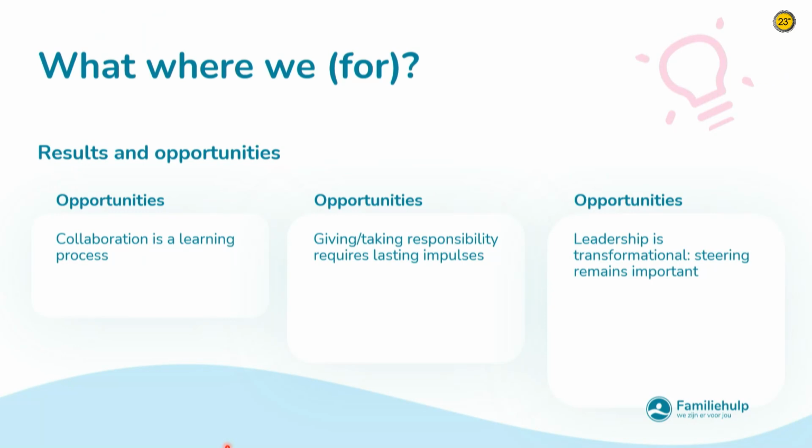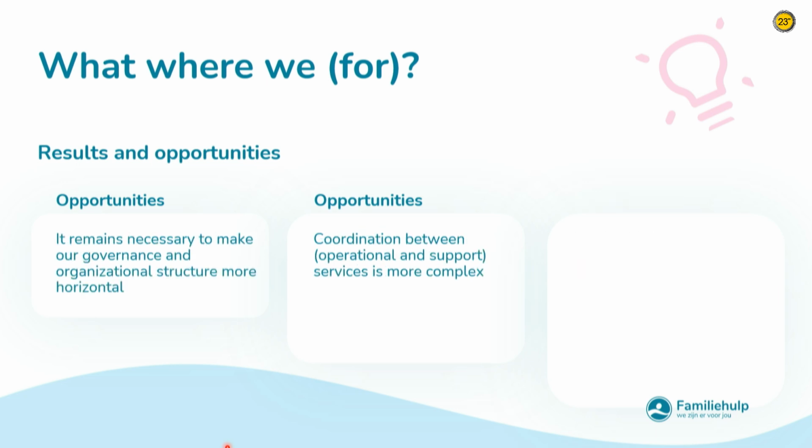It's a learning process, as I mentioned before, but nice to know for the leaders and managers in this room: taking responsibility requires lasting impulses. You have to continue. We have chosen formal leadership too. Leadership is transformational, steering remains important.